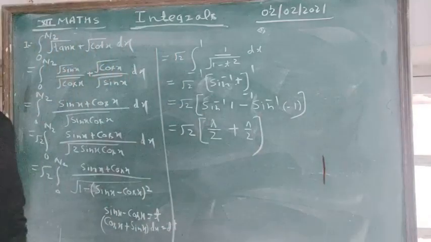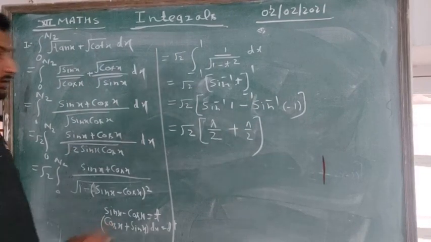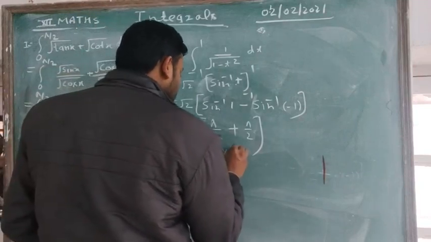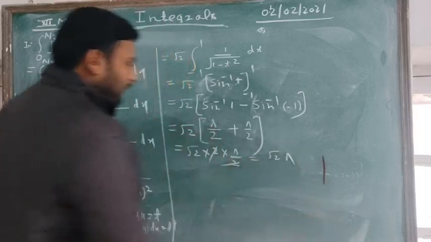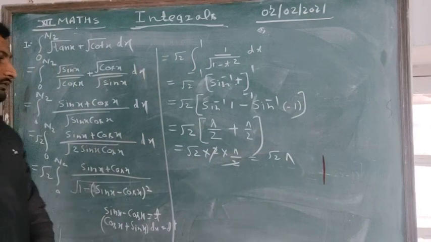Okay, students, so this is root 2, and here we are getting 2 times pi by 2, so we are getting root 2 pi from here. Okay, students, so this is our required answer.